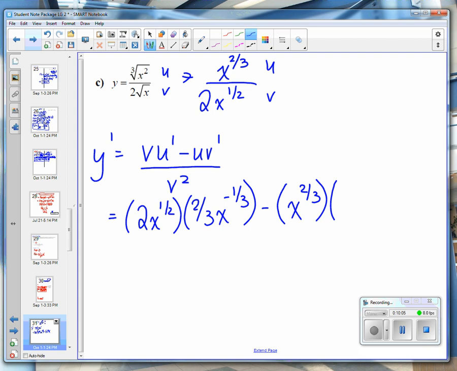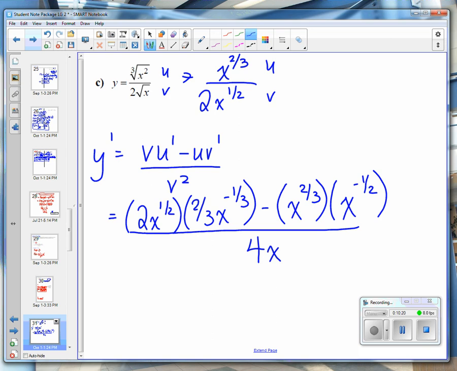A half times 2 is 1, so it would be x, and then minus 1 would just be, again, negative a half. All divided by 4x, because don't forget we're squaring our denominator there.